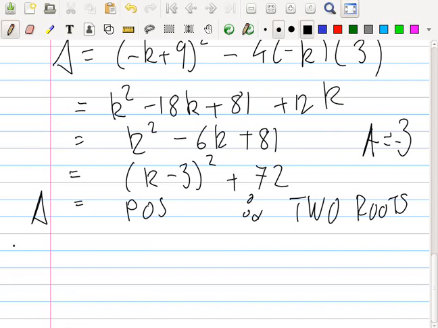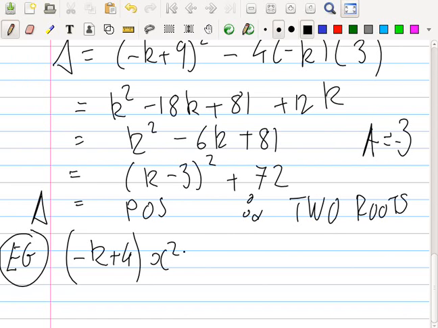Right, so one more example for you. In this example, I asked you to find how many roots there are. In the next example, let's say like this, minus k plus 4 x squared plus 2k minus 2 x plus minus k minus 1.